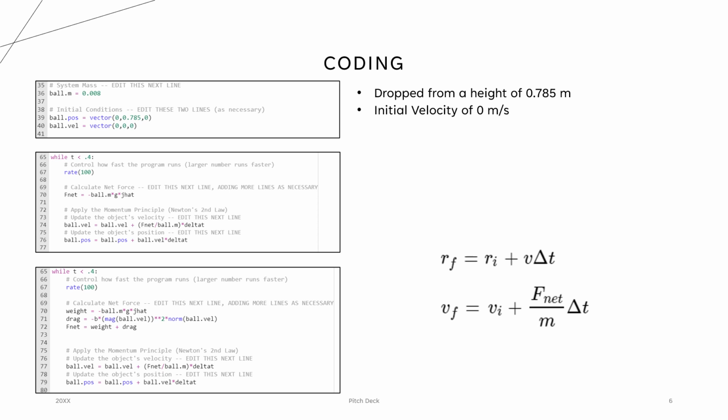And in this bottom box of code is the code I used with drag force included. In line 71, drag force is included, and F net is weight plus drag combined. And similarly, I use the velocity update formula and the position update formula in my drag force code.